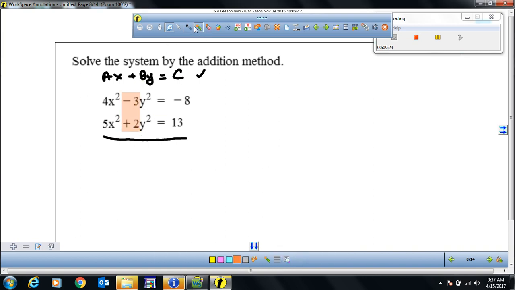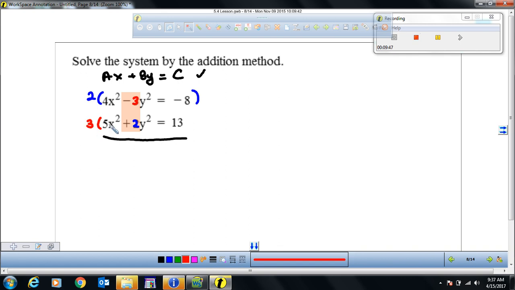If I wanted to cancel those y's, I cannot multiply this equation by 2 to give me a 3. So what do I need to do? I'm going to cross multiply them. The 2, I'm going to multiply on the top equation, and this 3 on the top, I'm going to multiply on the bottom equation. Do we need a negative? The answer is no, because we already have a plus and a minus.